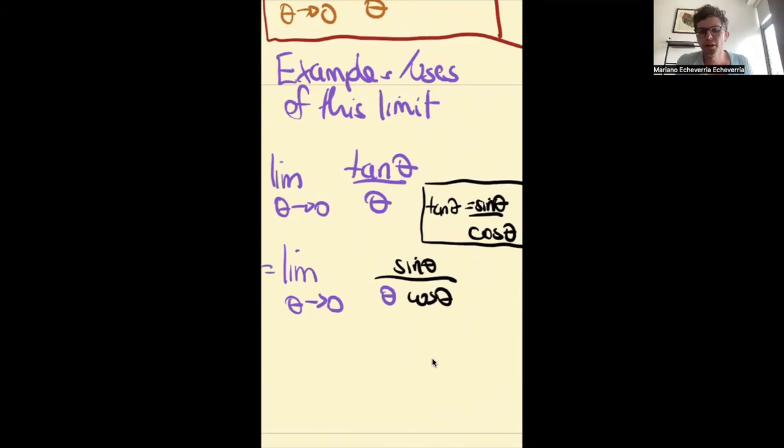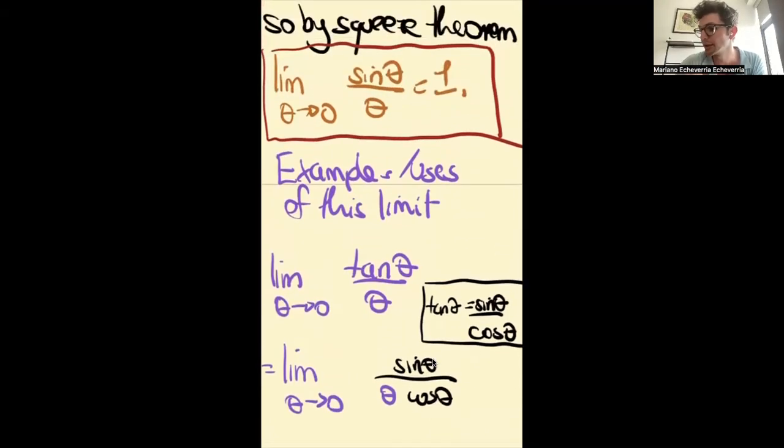So does anyone have an idea of how you could find this limit taking advantage of this limit? What could you do now? Any guesses?